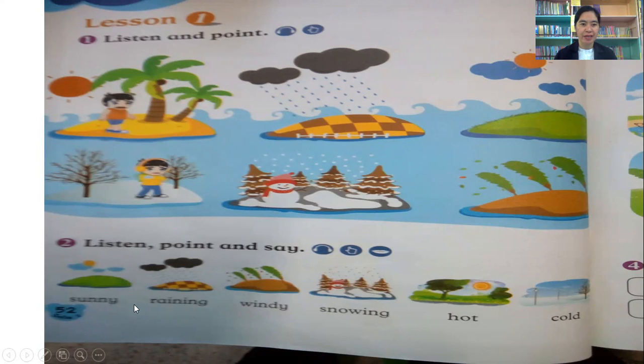This is sunny, raining, windy, snowing, hot, and cold. So these are the pictures, and you were going to identify the picture of sunny, raining, windy, snowing, hot, and cold.